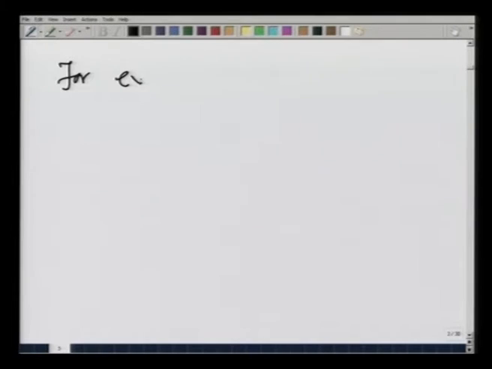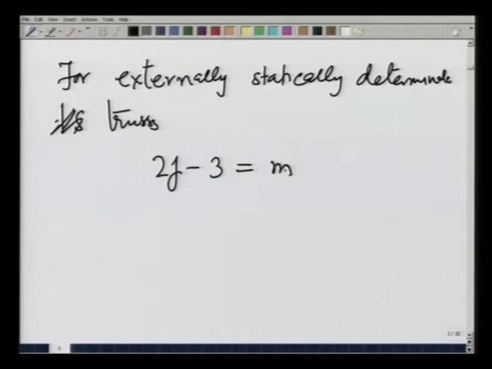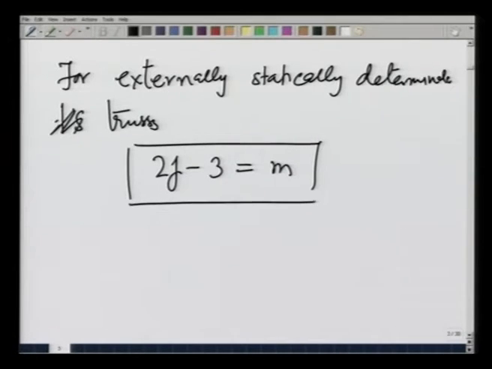So, for externally statically determinate trusses, 2j minus 3 equals m, and that is how we get this equation.